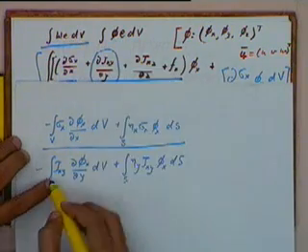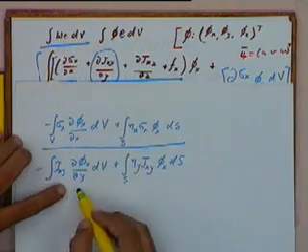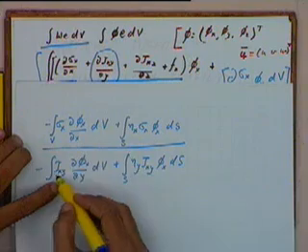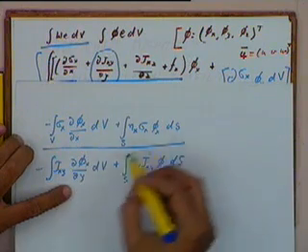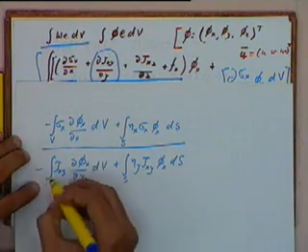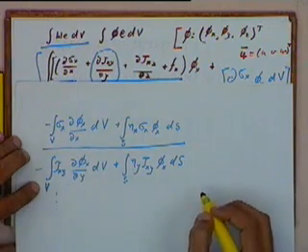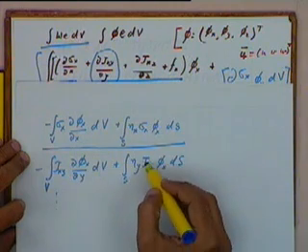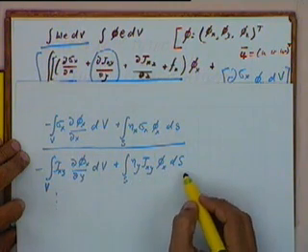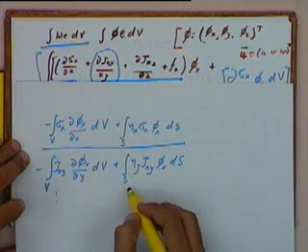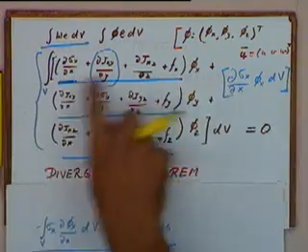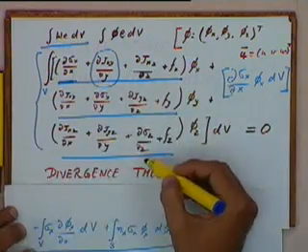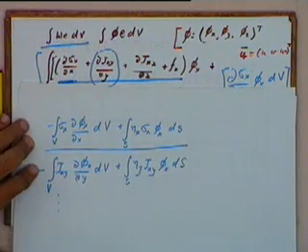Tau xy will come here, tau xy into del phi x by del y, because here we have the derivative with respect to y, multiplied by dv, the volume integral of that. The second term that we will get will be ny tau xy phi x ds, again the surface integral of that. This way, for all these 9 terms, we will be able to get 9 expressions of this type.